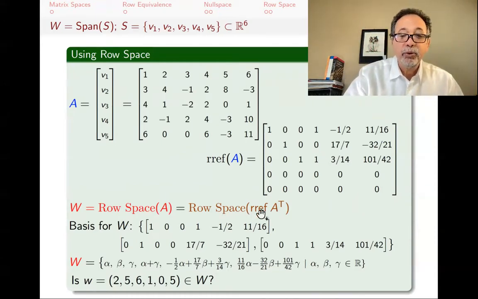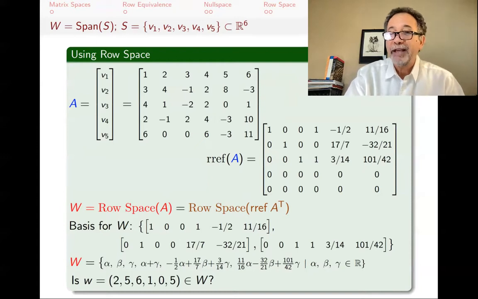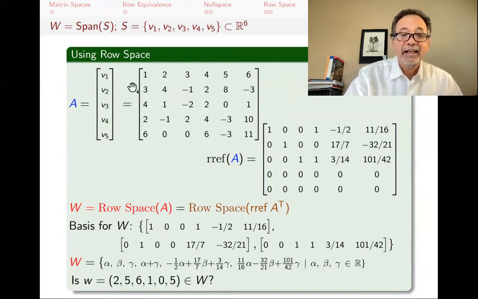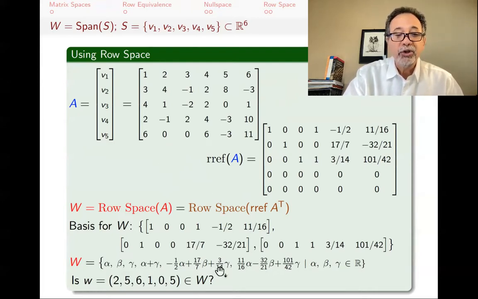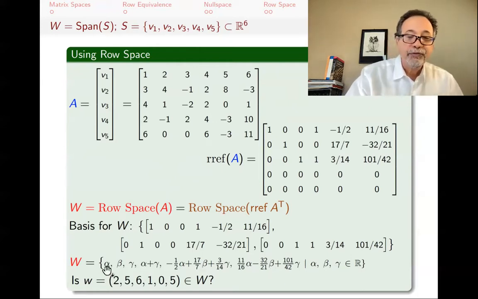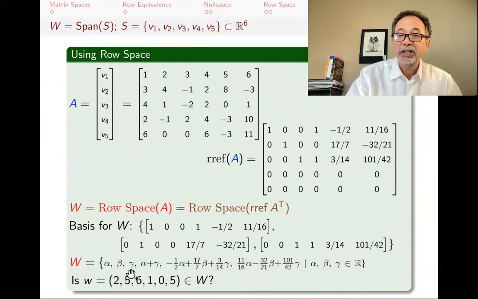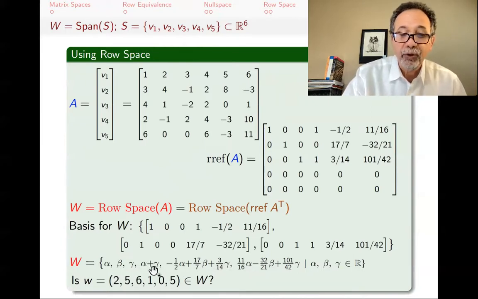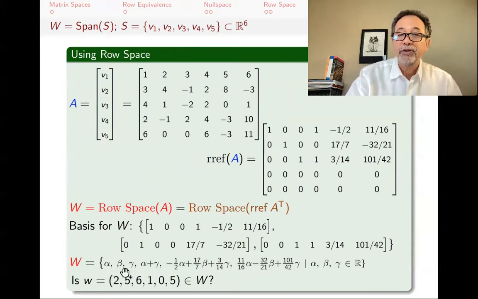And the point is that this is actually sort of a nice basis, because some questions like is 256105 in W or not, it's not so easy to answer using V1 through V5, but it is very easy to answer using this new description of W, because this says the first entry can be anything you like, the second entry can be anything you like, the third entry can be anything you like, but the fourth entry has to be the sum of the first and the third.